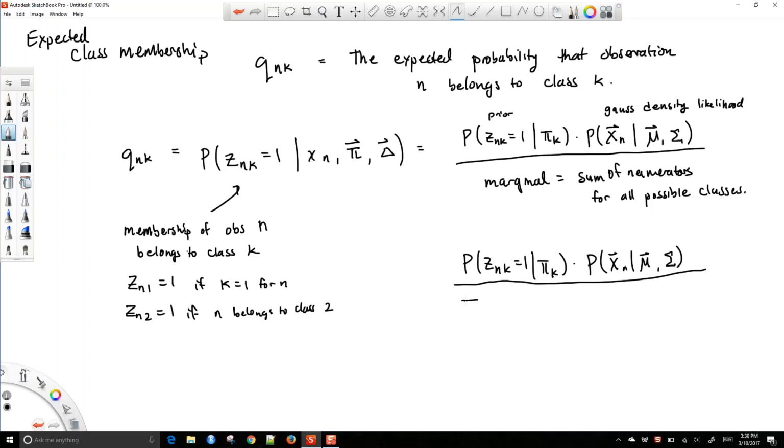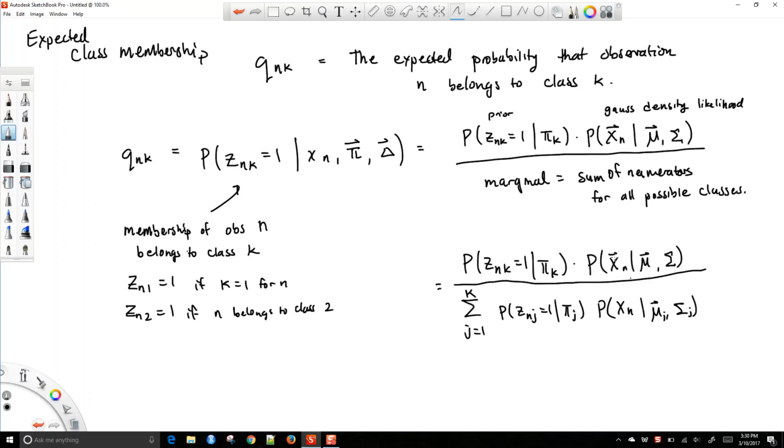And then the bottom is basically the sum across all classes, for the probability that z_nj is equal to 1 for class j, okay.